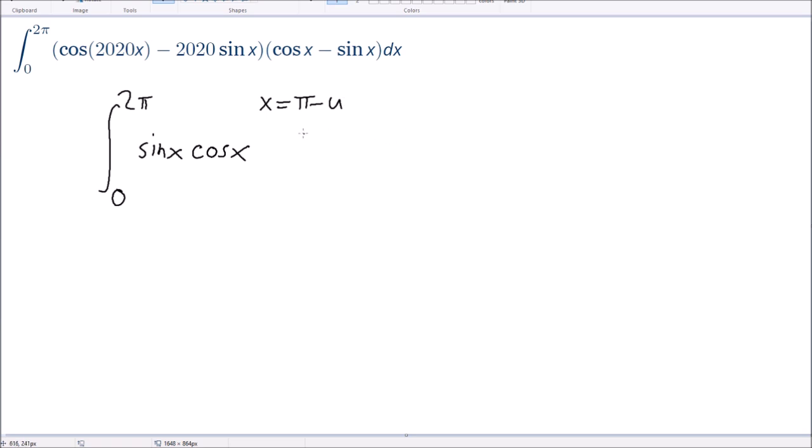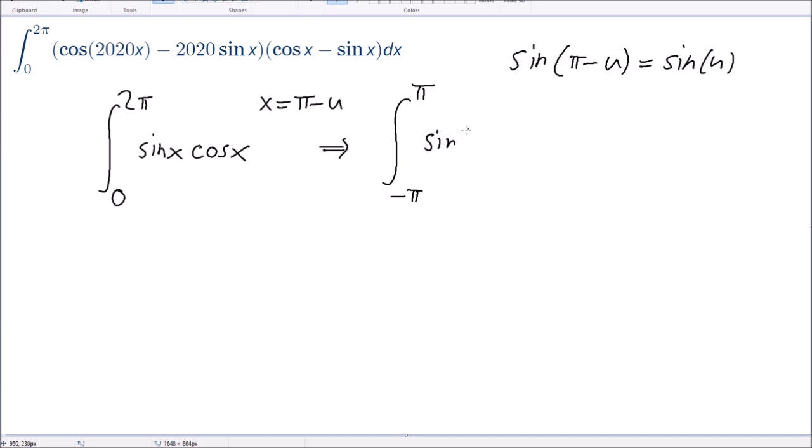What's going to happen is I get negative pi here and pi here. However, sine of pi minus u is just going to equal sine of u. And so this is just going to be sine u.